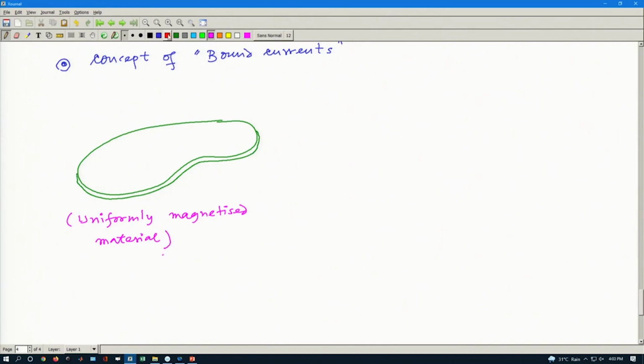So, I have a magnetization, and I should have some current loops. Let us consider these are the current loops, because magnetic dipole moments are defined by current loops.